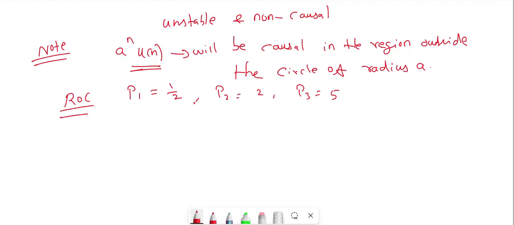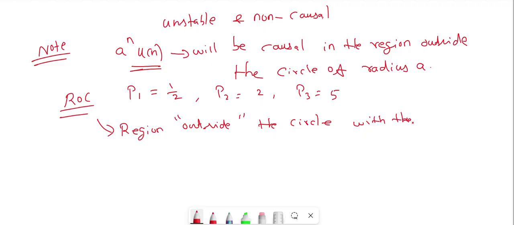If the system has more than one pole, then the ROC will be the region outside the circle with the largest pole as its radius.